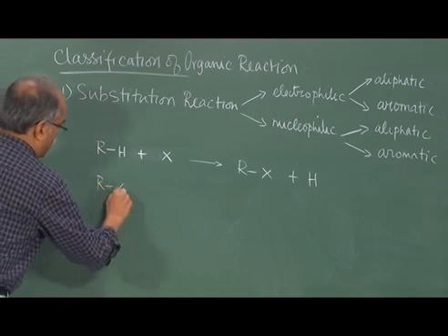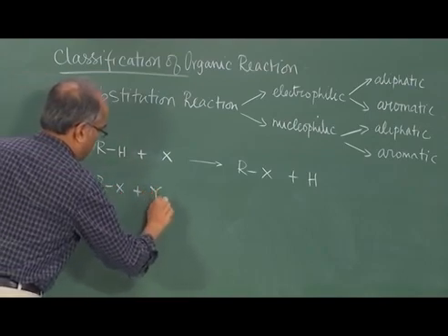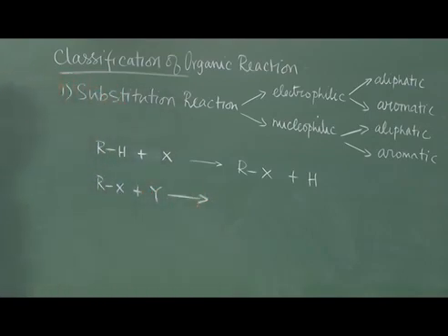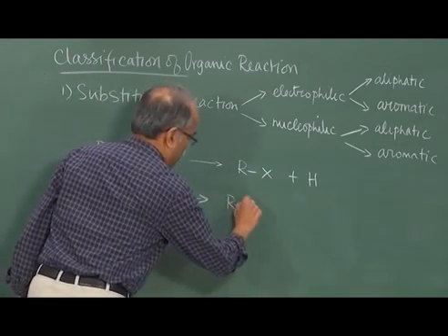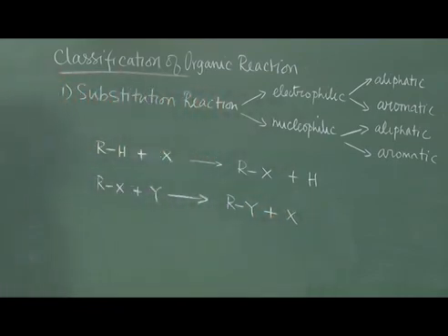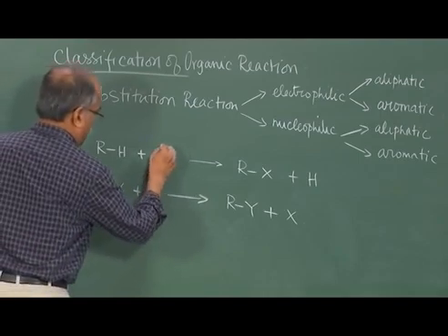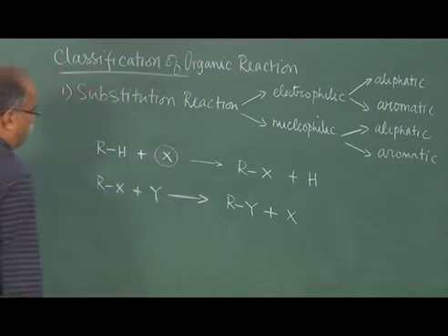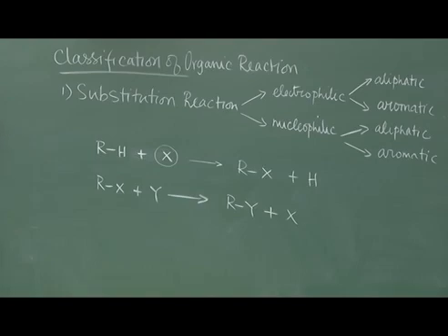Or if you have an X group as a leaving group and Y is the entering group, this would also correspond to a substitution reaction. In other words, one group is substituted by another group, and depending upon this reagent here, this could be an electrophilic reagent or a nucleophilic reagent, and that would constitute an electrophilic substitution or a nucleophilic substitution.